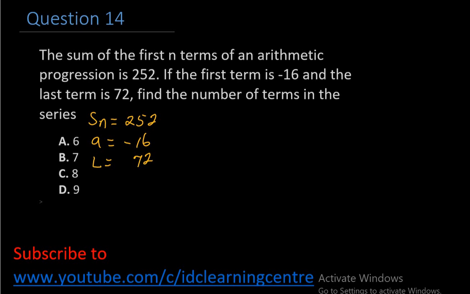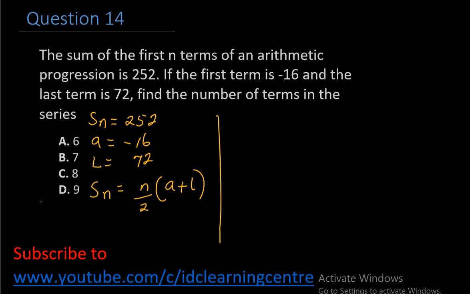Now, in case we are just given the first term and the last term of any AP, we can directly use the formula sum of n equal to n over 2 bracket A plus L to find the sum of n terms like they've asked us to do.